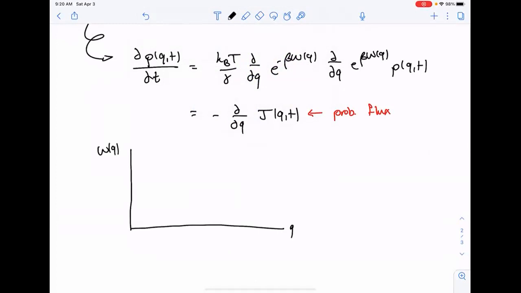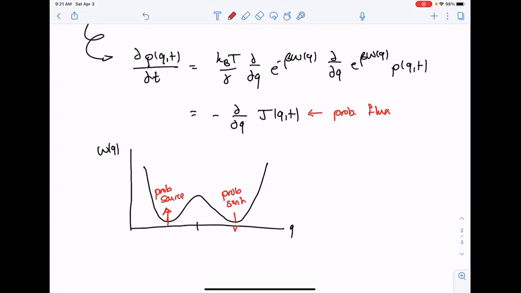So the way we'll set up this calculation, the way Kramers set up that calculation way back in the early part of the 1900s, is to assume that we have a source of probability in basin A, and a sink of probability in basin B, such that there will be a flux by continuously putting in particles or probability in A and taking them out in B. I will drive a current.